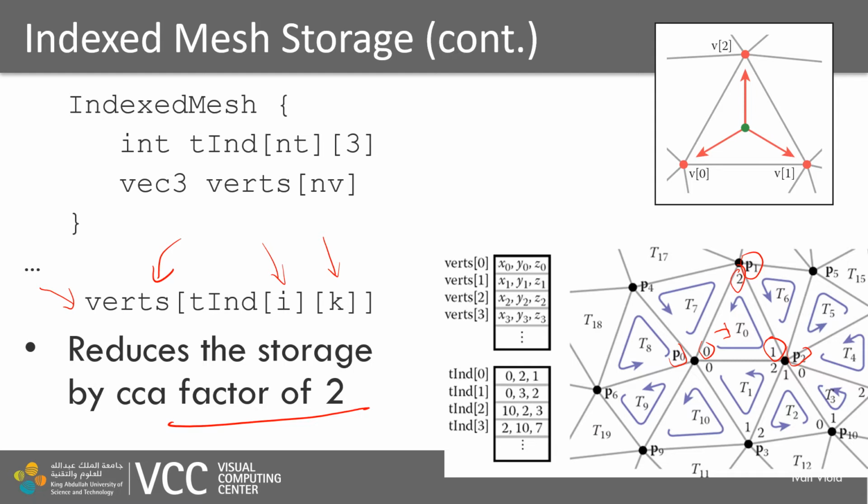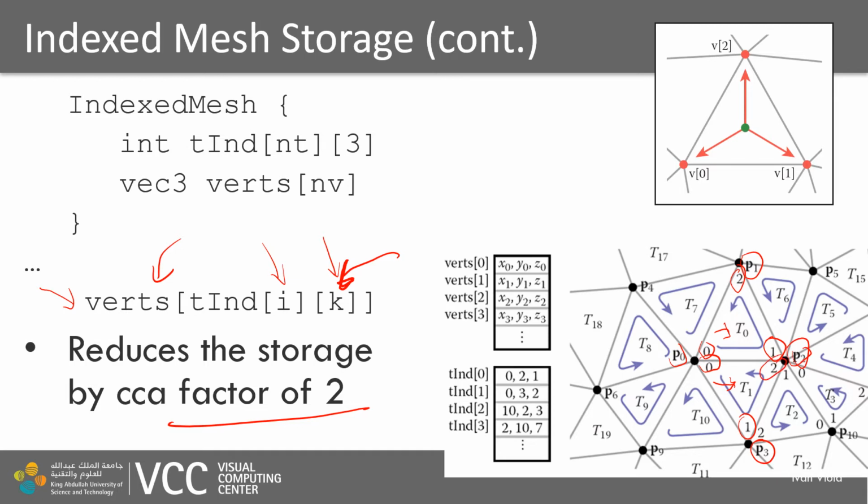If we look at triangle T1, there P0 is again the zeroth vertex, then P3 is the first vertex and P2 is the second vertex.